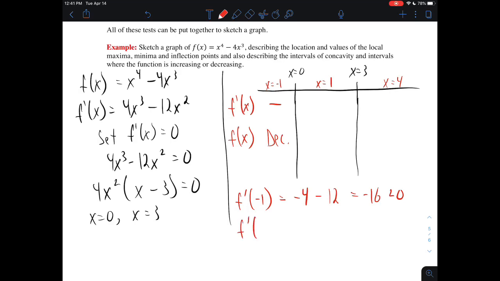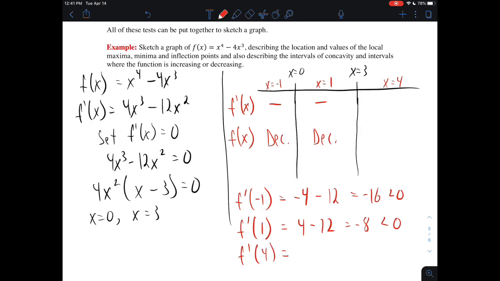Then continuing, evaluating the first derivative at 1 just gives me 4 minus 12, which is negative 8, which is also less than 0. So it's still decreasing. And then finally, the first derivative evaluated at 4.